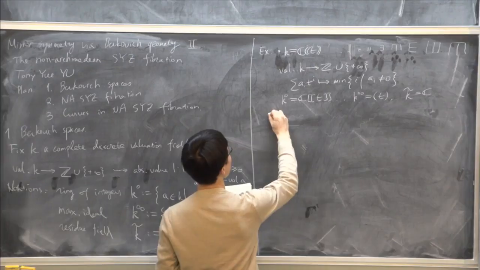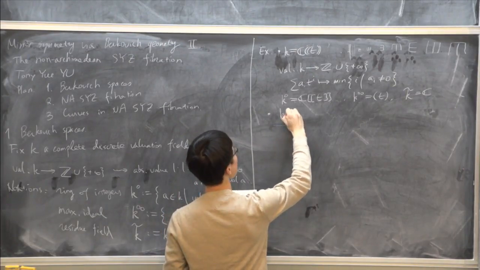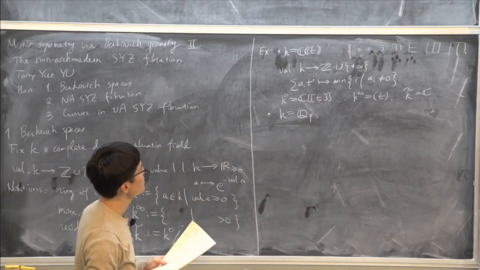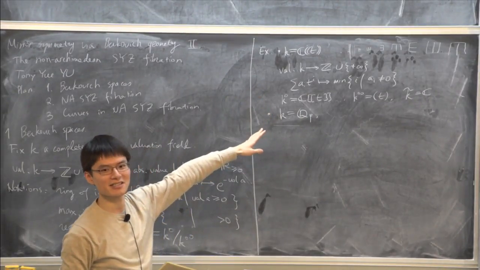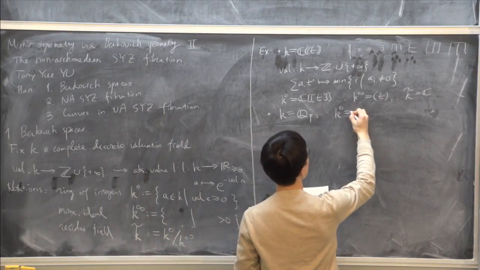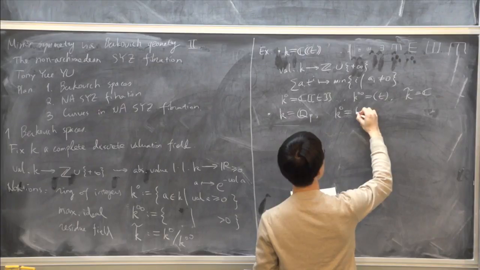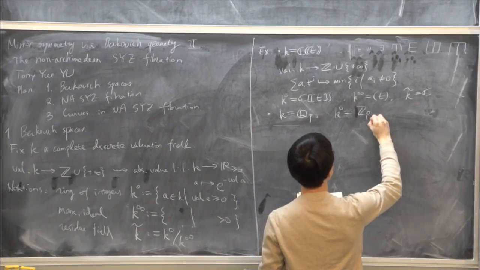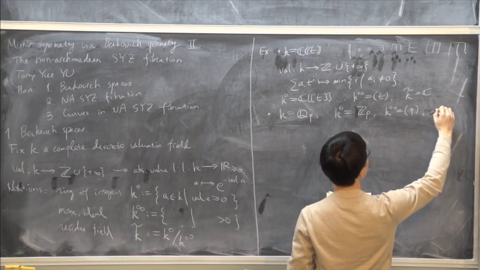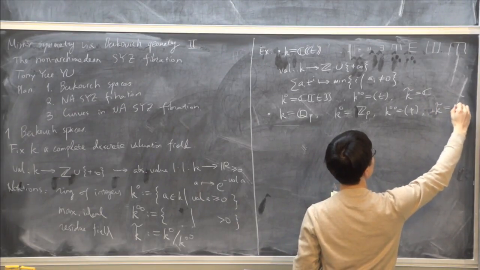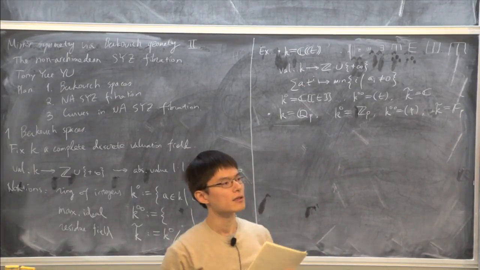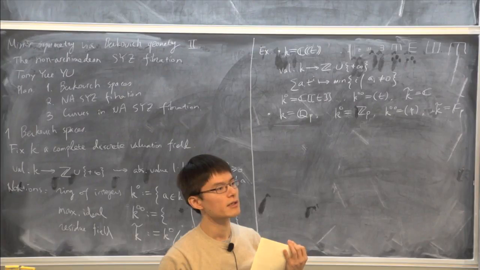Okay, another example, the p-adic field. I hope you know what the valuation is. The ring of integers is just Z_p, the maximal ideal is generated by p, and the residue field is F_p.